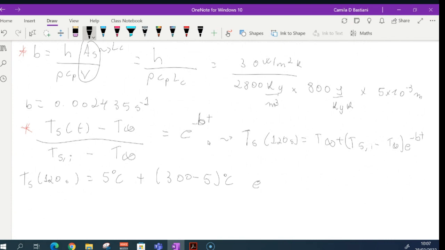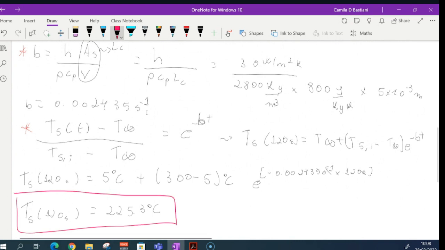All that multiplied by my E, my exponent, of minus my value of B, 0.002435 second minus 1, multiplied by my time, that's 120 seconds. Seconds cancel seconds minus 1. So my temperature of the surface at 120 seconds is going to be 225.3 degrees Celsius. And I can use this value to find my temperature gradient.